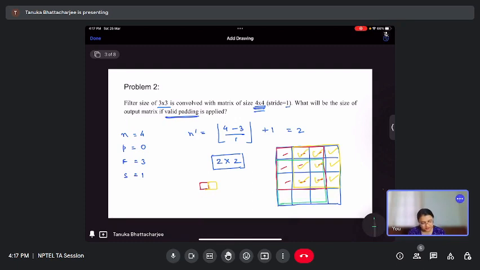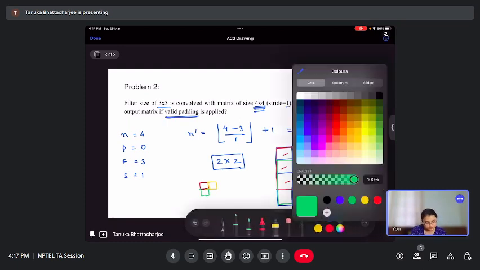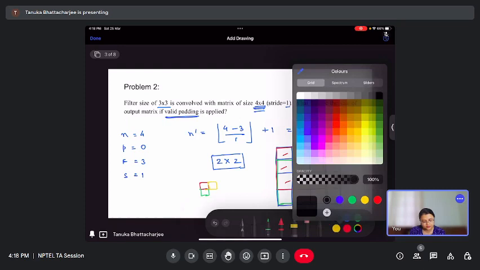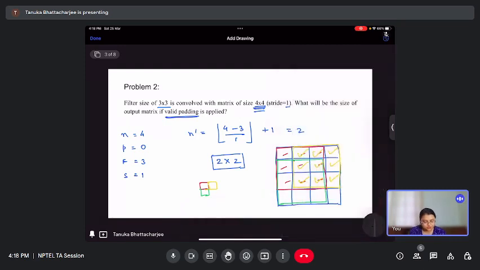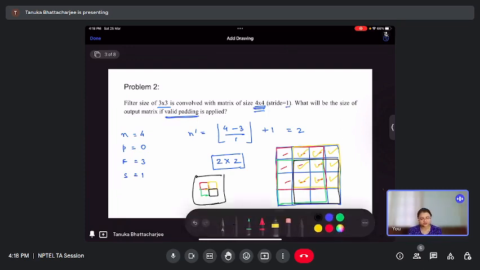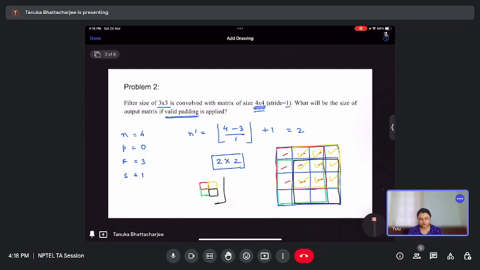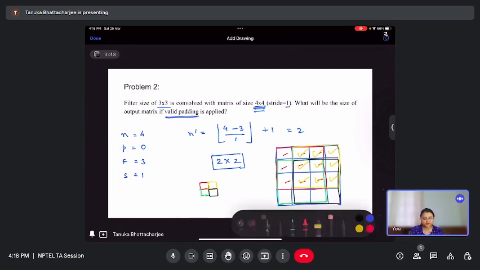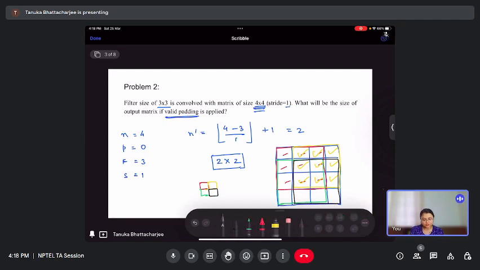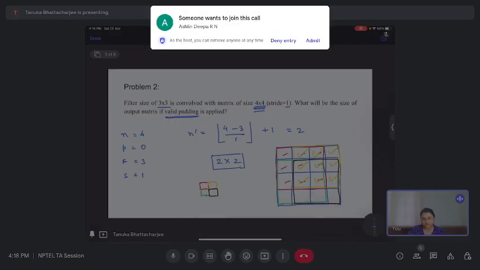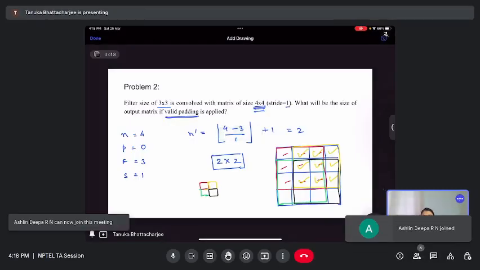This again will give you the value here, and lastly, let us say I will take black, again you have to shift it horizontally and your filter will be placed here and you will get the output value here. So, this will be the final 2 cross 2 matrix that you will get at the output from the initial 4 cross 4 matrix due to the convolution with the filter of size 3 cross 3 with the stride of 1.